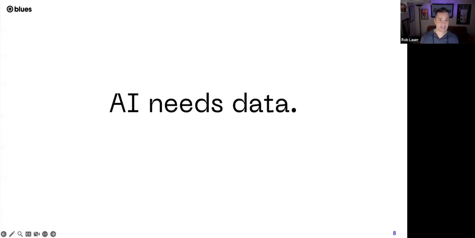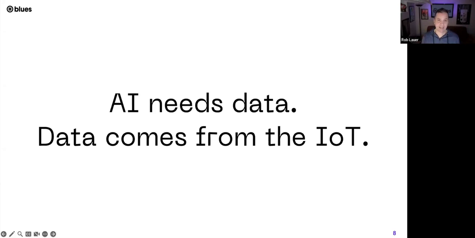But let's set the stage here a bit. If I were going to oversimplify what AI needs to operate, it's data, right? And what is arguably the largest untapped source of data today? Well, I would posit that it exists in the IoT. Every connected device is collecting and delivering data like sensor readings, states of whatever it's monitoring or measuring.